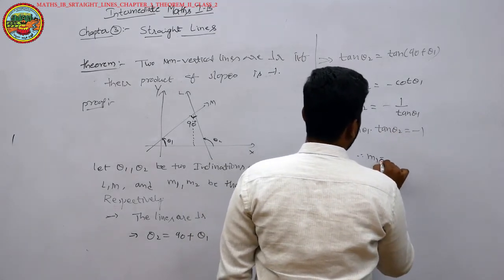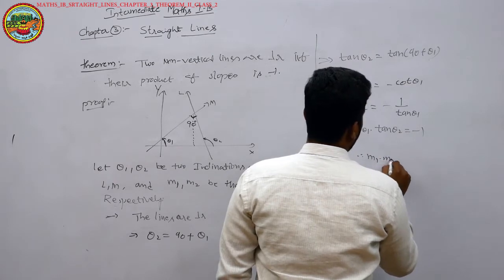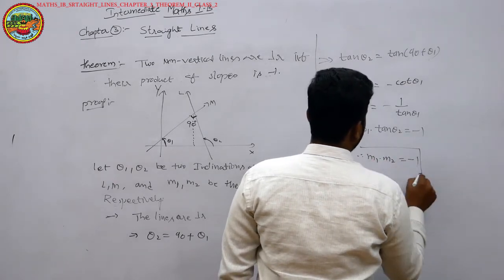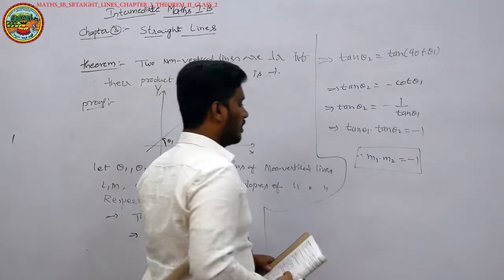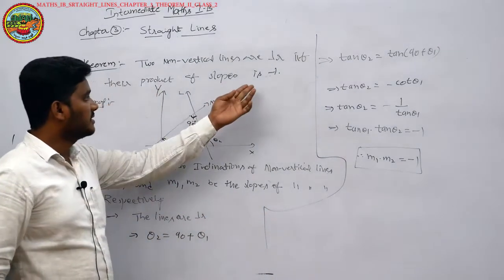Therefore m1 into m2 is equal to minus 1. So the product of the slopes of two non-vertical lines is minus 1.